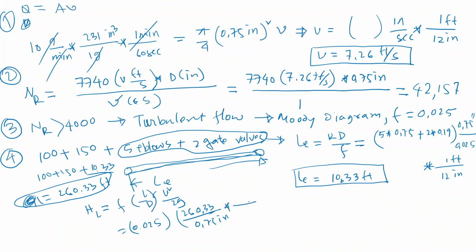I need to convert that, so I'm going to convert it right here, 0.75 inch divided by 12 inch per foot, times V squared by 2g.